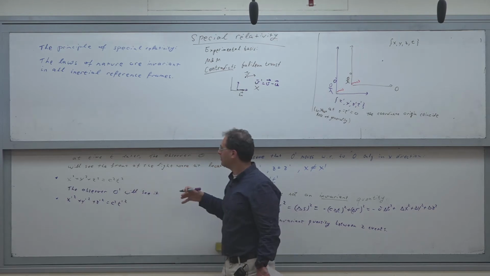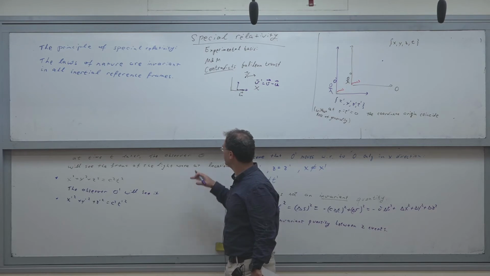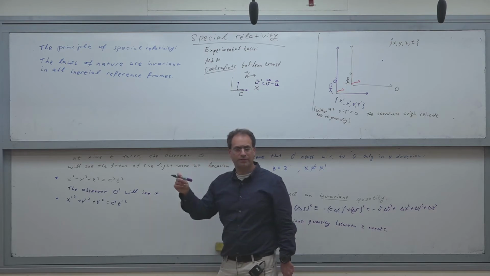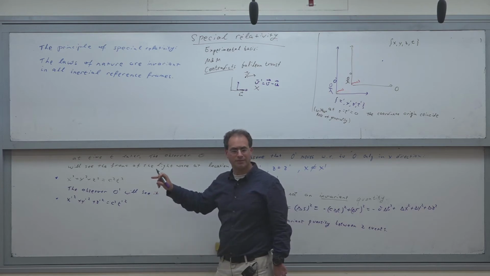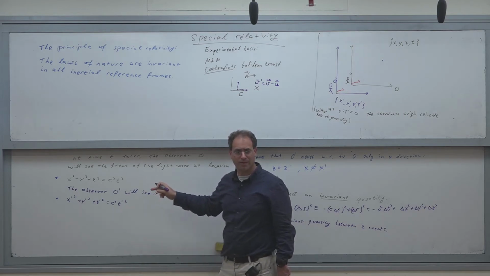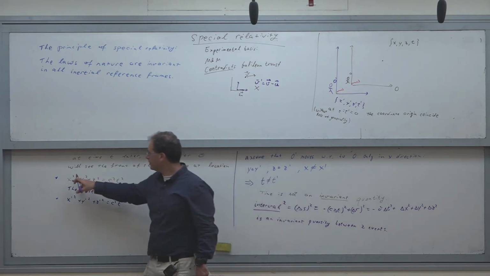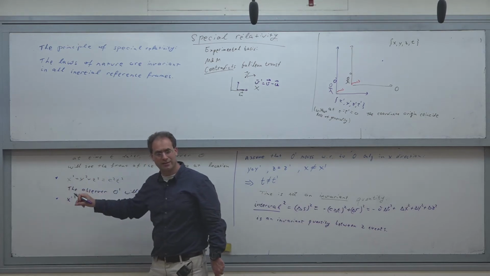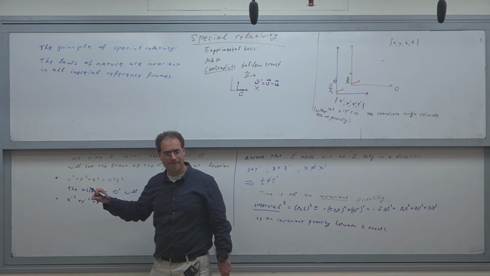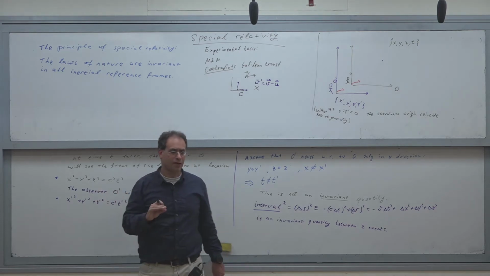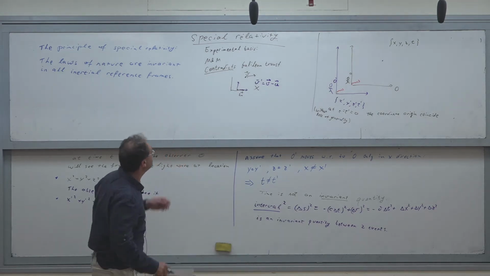When was it emitted? X equal Y equal Z equal 0 and T equals 0, right? So delta X is X minus X0, so X minus 0, Y minus 0, right? Don't get confused.